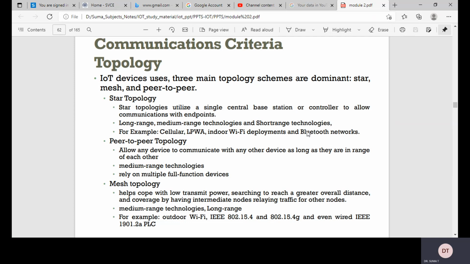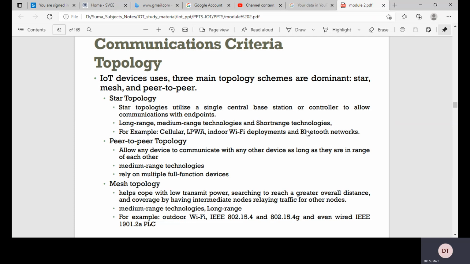Peer-to-peer topologies allow any device to communicate with any other device as long as they are in range of each other. Obviously, peer-to-peer topologies rely on multiple full function devices. Peer-to-peer topologies enable more complex formations such as mesh networking topology.